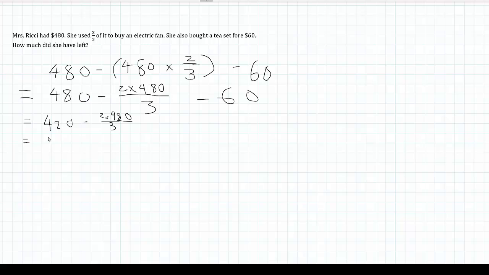We simplify the fraction. 2 times 480 is equal to 960, and 960 divided by 3 is equal to 320. 420 minus 320 is equal to 100. Miss Reese has $100 left.